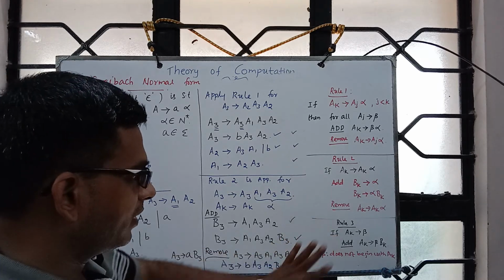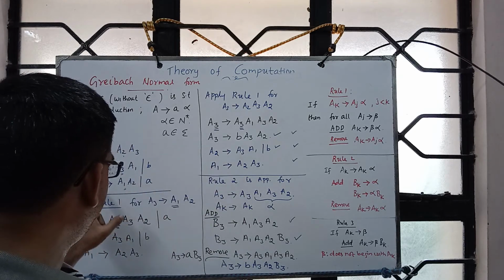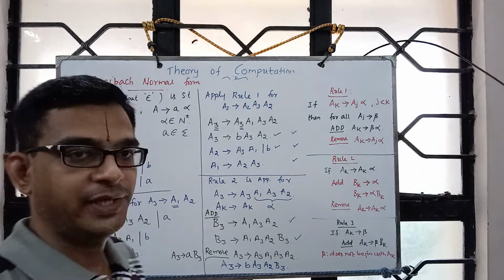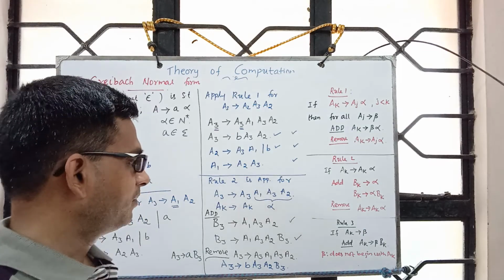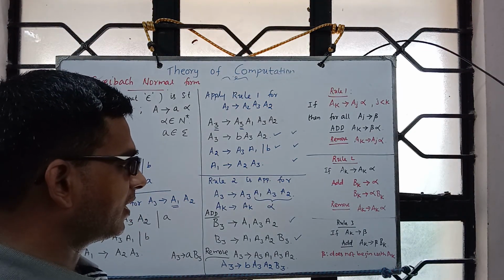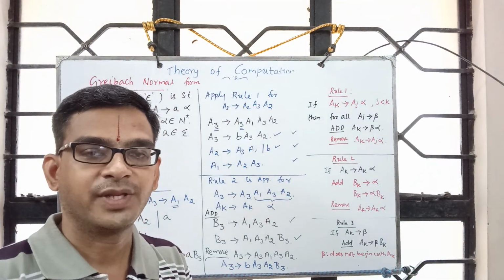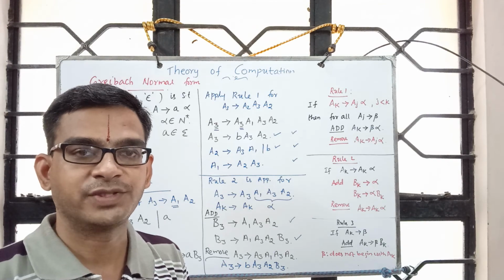And in rule 3, we are not removing anything. So this rule will be there and A3 implies A will also be there. Okay. So now let's consolidate and see whether the resultant expression is in Greibach normal form. If not, how do we proceed further?